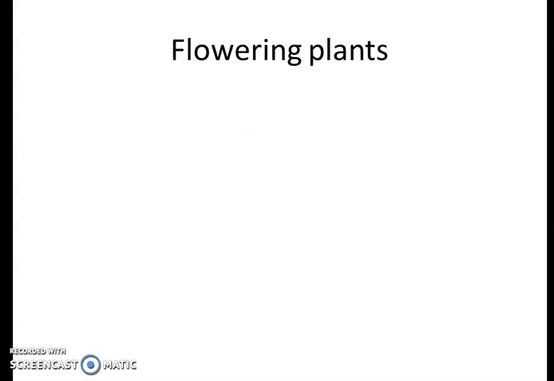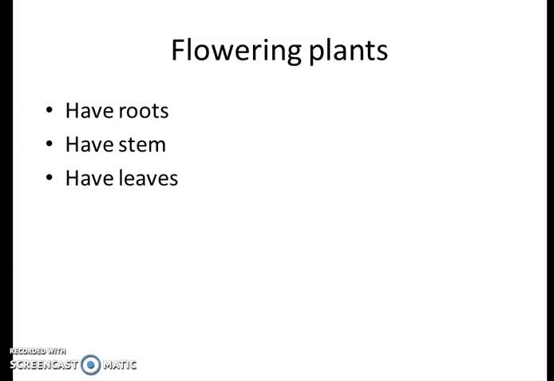And the last group of the plants are flowering plants. These are the plants that we have around us. The first property is they have roots, they have stem, and they have leaves. And the stem is woody in most plants.